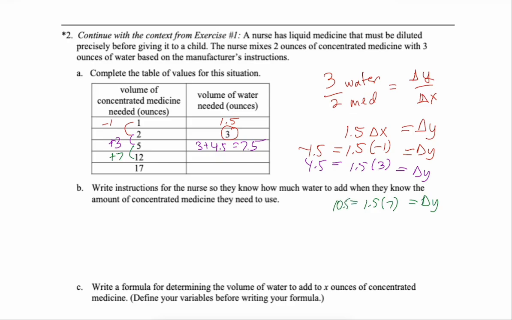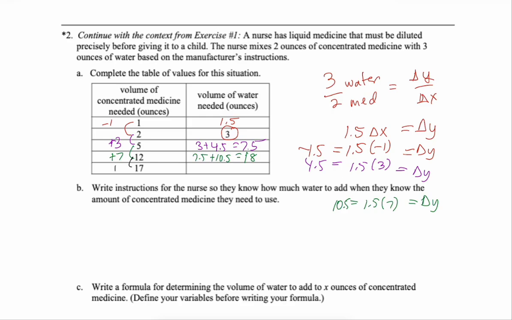Because it's a positive change, we have to take where we started, 7.5, and add 10.5. 7.5 plus 10.5 is 18. And if we kept checking this ratio, 18 to 12 should be 3/2. And then our final one, let's do it one more time.